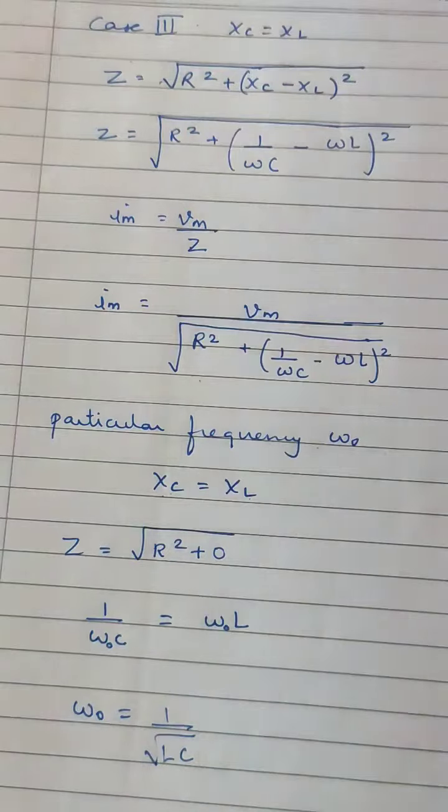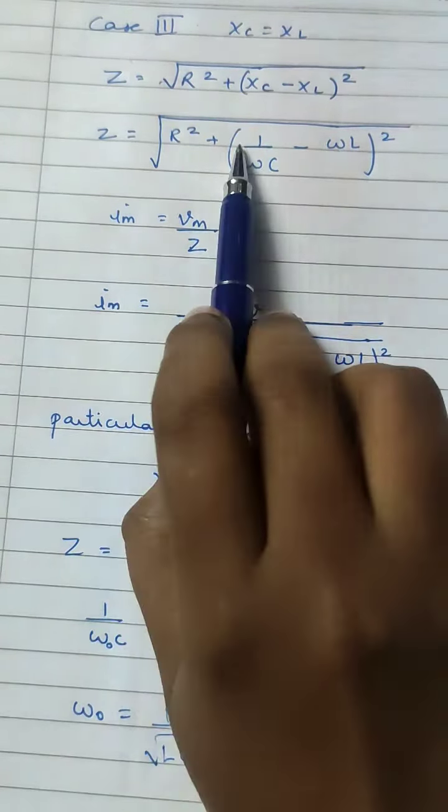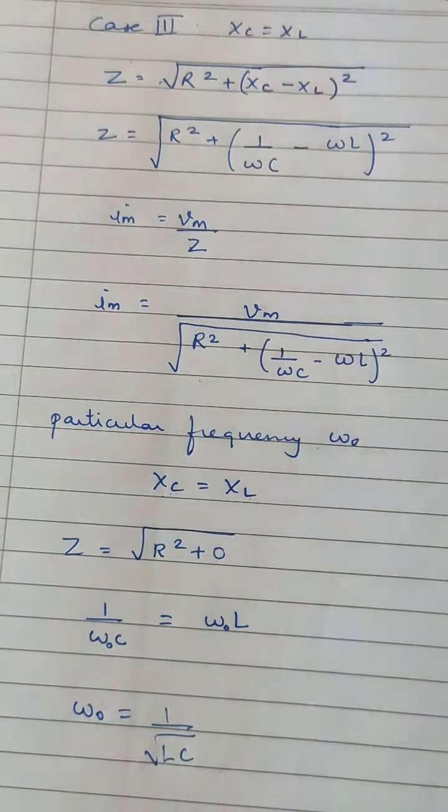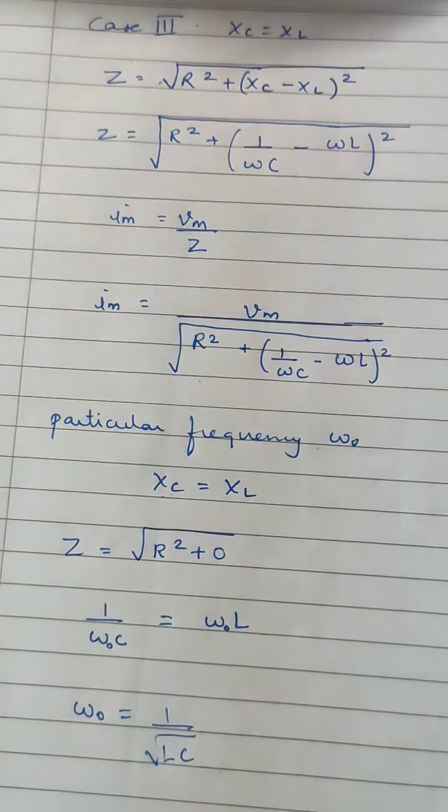We learned this in the previous derivations for the inductor and the capacitor. So the total source voltage appears across the resistor, and the only thing that remains is the voltage across the resistor. Therefore Im is equal to Vm upon R.